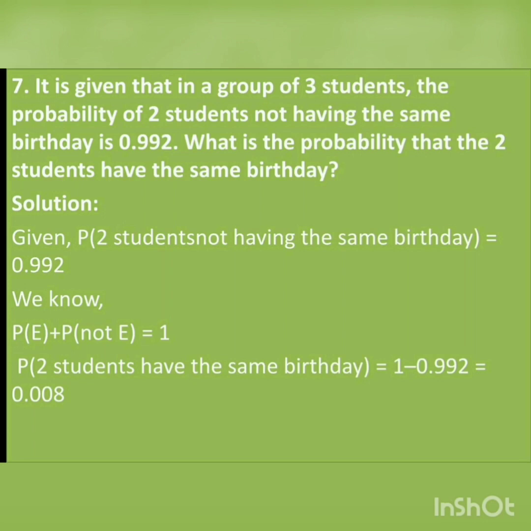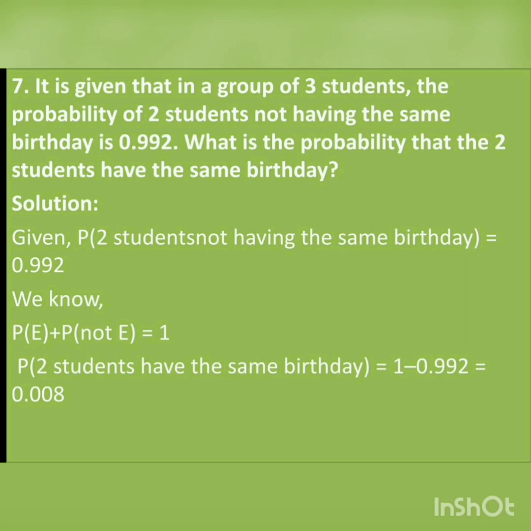Next question, number 7. It is given that in a group of 3 students, the probability of 2 students not having the same birthday is 0.992. So what is the probability that they have the same birthday? Again, same formula: probability of an event plus probability of not the event is 1.